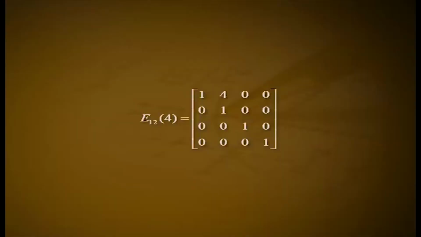The corresponding elementary matrix E12(4) is obtained from the identity matrix [1 0 0 0; 0 1 0 0; 0 0 1 0; 0 0 0 1] by adding to the elements of the first row 4 times the corresponding elements of the second row, and is given by E12(4) equal to [1 4 0 0; 0 1 0 0; 0 0 1 0; 0 0 0 1].